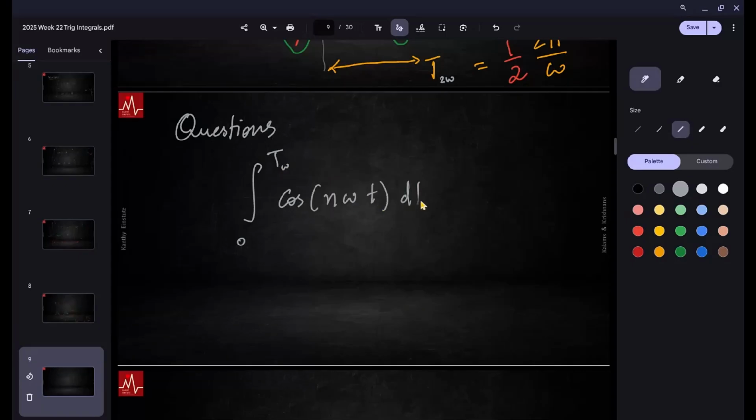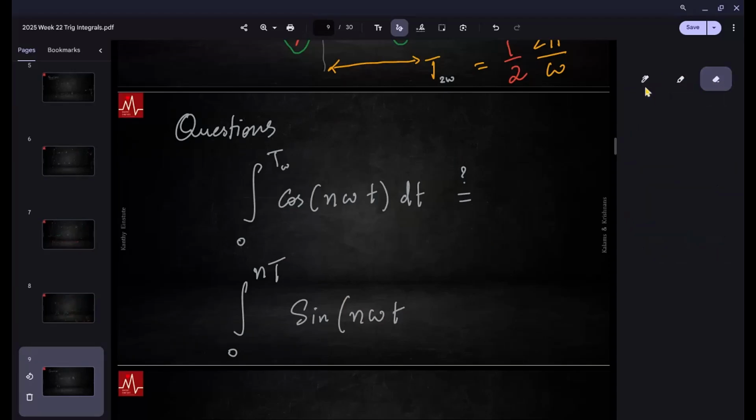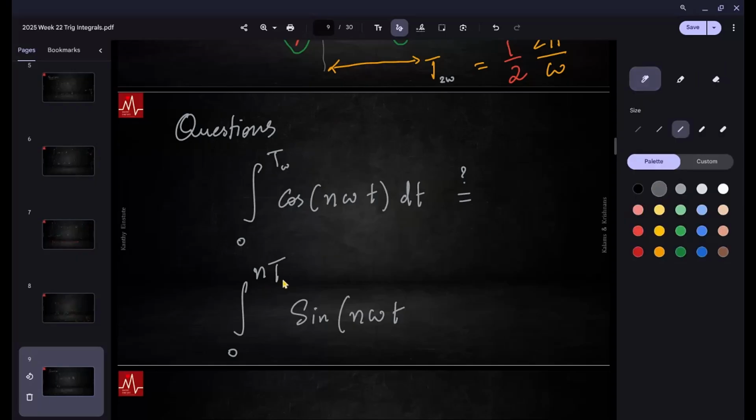How much is this? 0 to nT omega, sine n omega t. This is a subscript, so I'll try to make it look like a subscript as much as possible. How much is this?